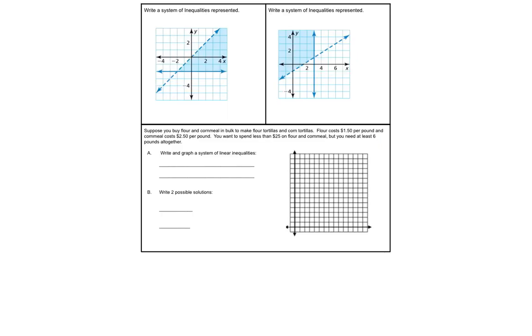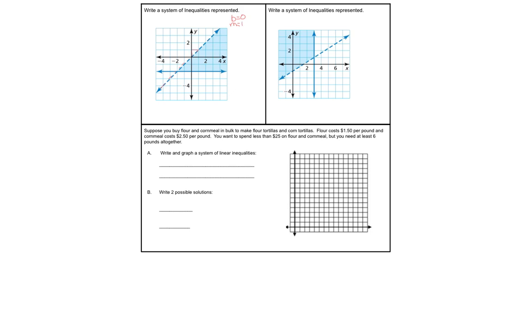It says write a system of inequalities for this. So we're just writing a line for the equations. Let's look at this line. What's my y-intercept? My y-intercept's 0. And what's my slope? Up 1 to the right 1, so my slope is 1.